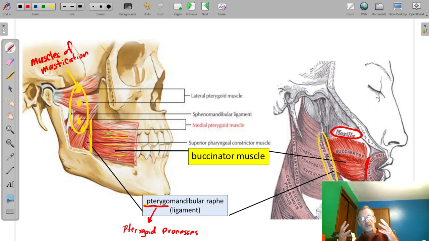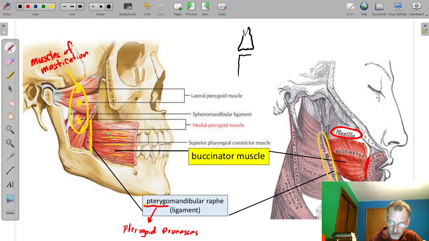So when you're chewing, the buccinator muscle will pooch out to the right or to the left, depending on which one, and the tongue is on the other side. So if these are your teeth, let's see if I can draw this. Let's pretend these are molars. And then here's an opposing mandibular molar.